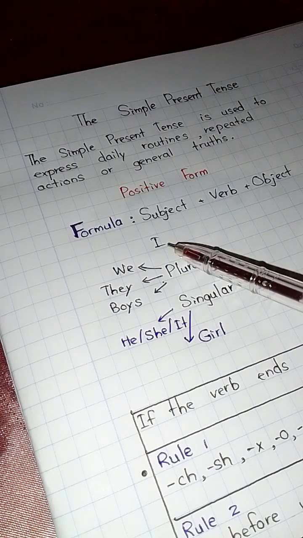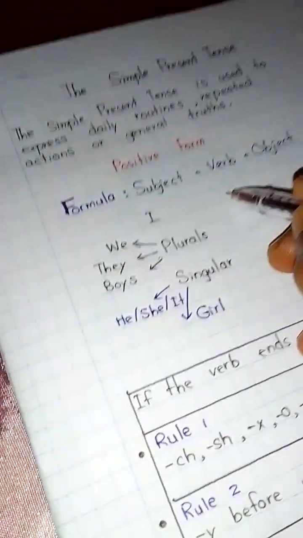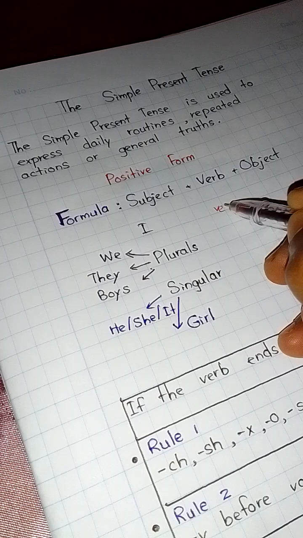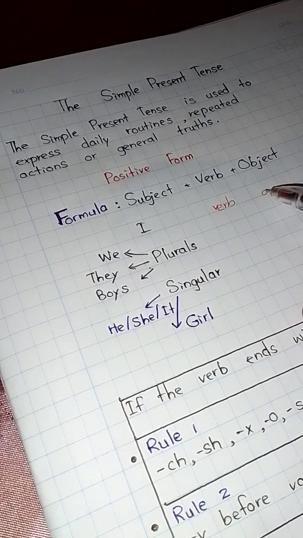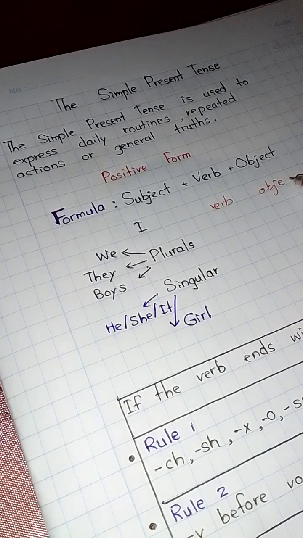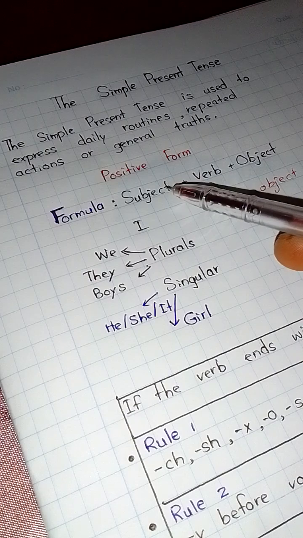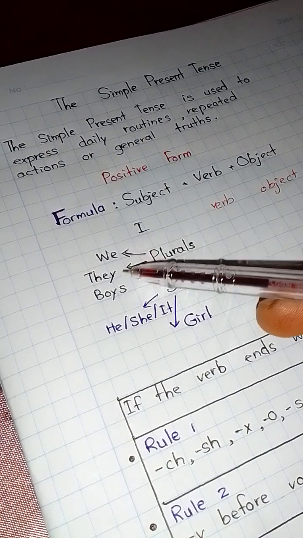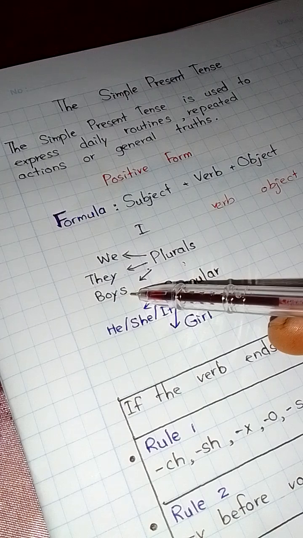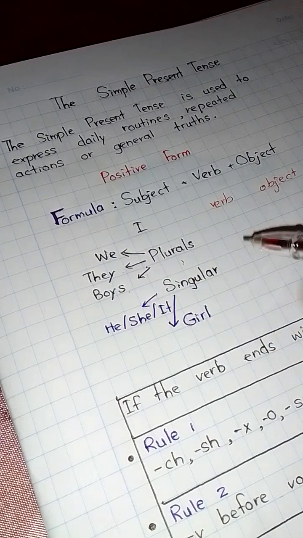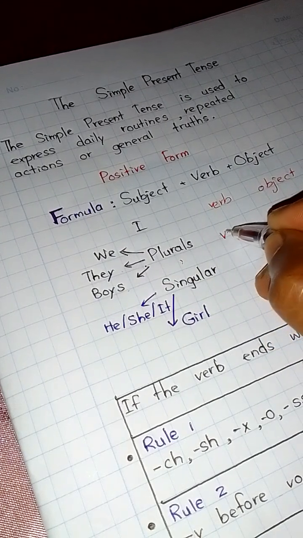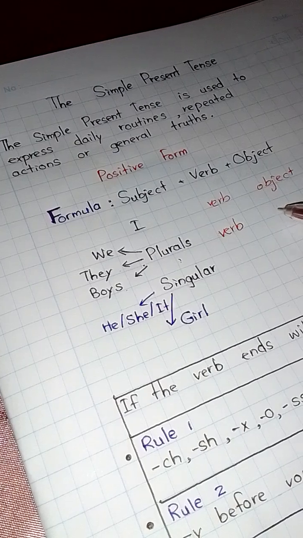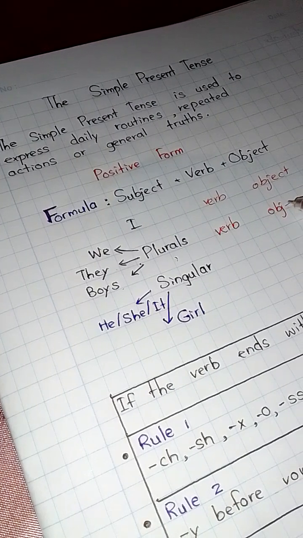If the subject is I, we should use the verb and the object. If the subject is plural, like we, they and plural nouns like boys, we use the verb as well as the object.